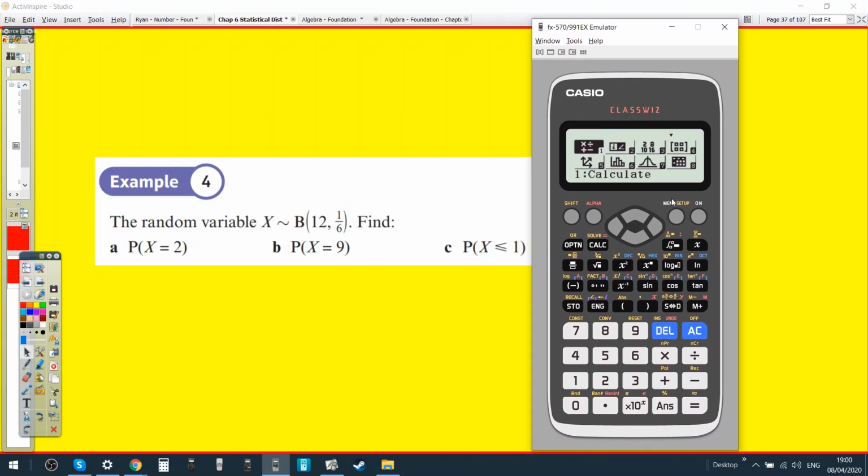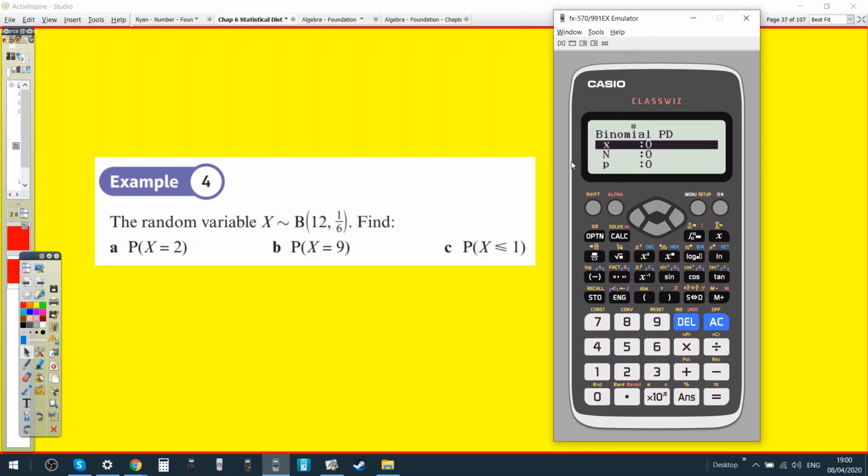So menu, distribution is 7. Okay. We want binomial probability distribution, so that's 4. Let's go with variable. And what are the values for this one, do you think?